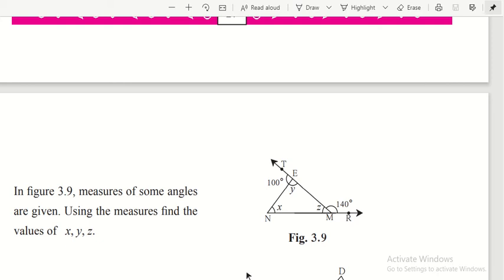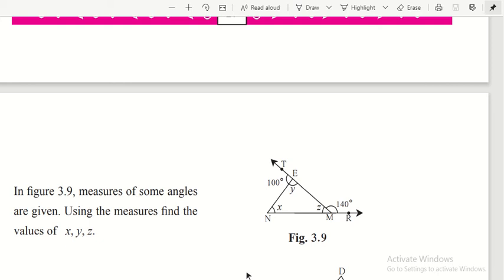If I consider the remote interior angle, then TEN is equal to x plus z. And likewise EMR is equal to y plus z. So this problem can be solved by 2-3 methods.